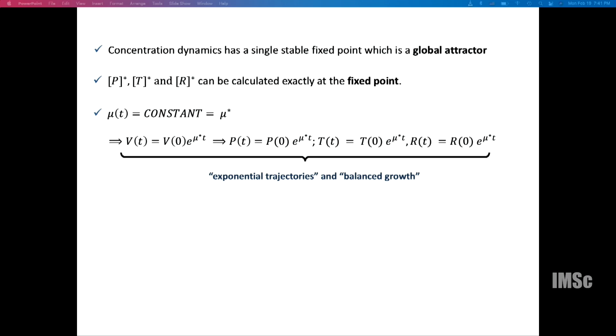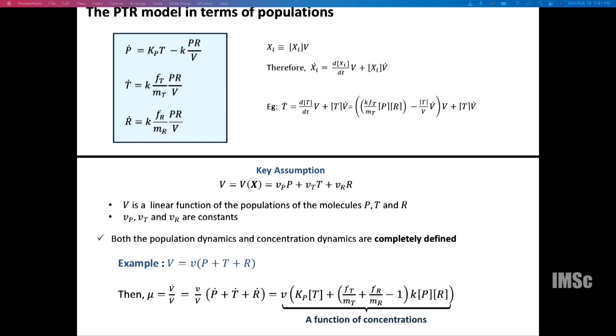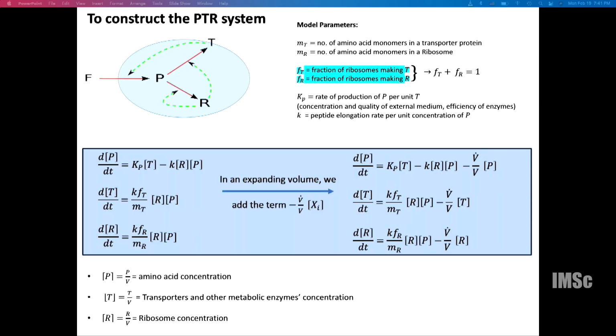Let us say there is some stable fixed point in which the concentrations get fixed. They become time-independent constants there. So if you have such an attractor, and in fact this system, which I've told you, does have that kind of an attractor. In fact, one can show that it is an agreeable attractor.